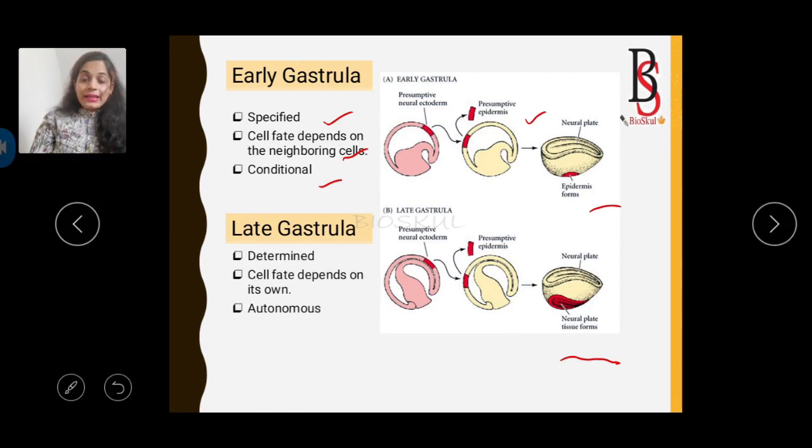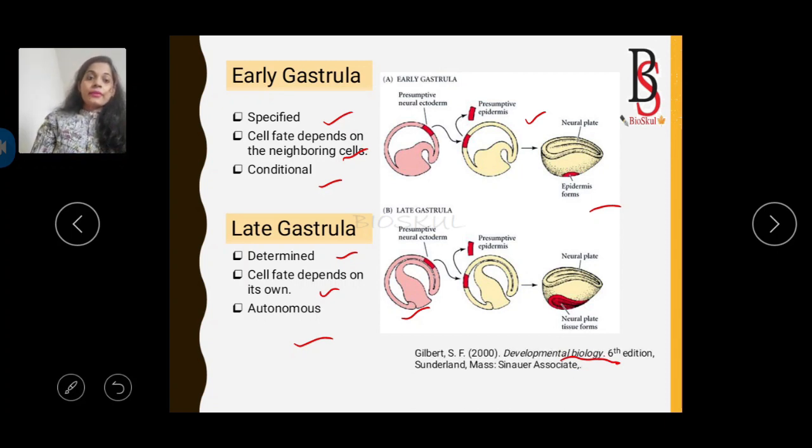So the late gastrula cells are determined: the neural ectoderm will form neural ectoderm whatever the condition may be. The cell fate depends on its own, and the late gastrula shows autonomous specification.